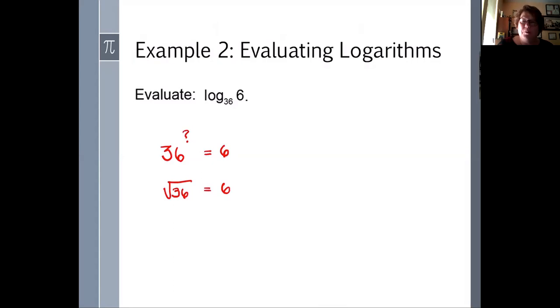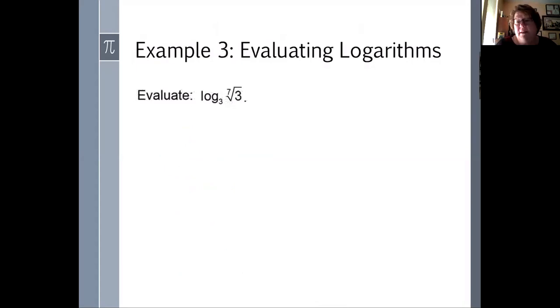So the equivalent of the square root of 36 is 36 to the 1/2 power. So the log base 36 of 6 is equal to 1/2. Because what do you raise the base 36 to get 6? You would raise 36 to the 1/2 power to get 6.